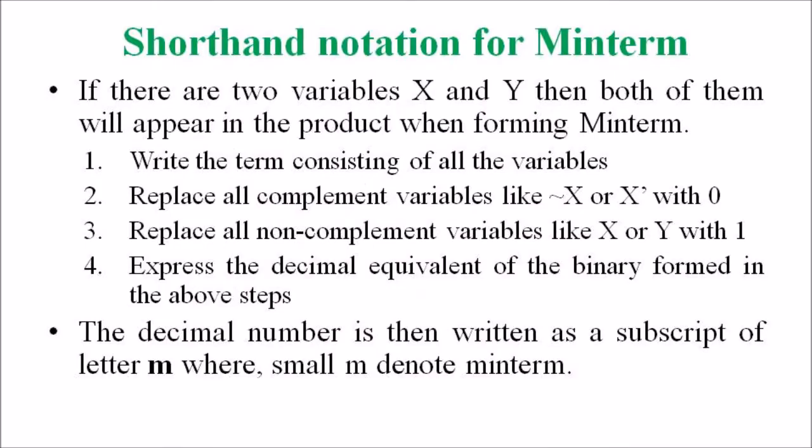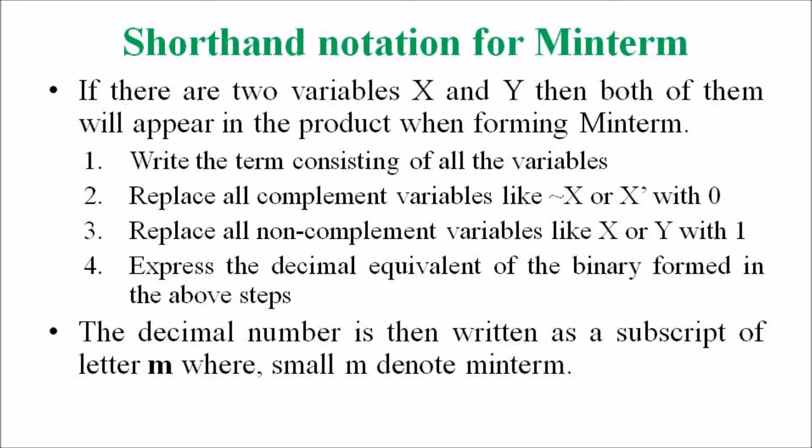Next we are going to discuss the shorthand notation of minterm. If there are two variables x and y, then both of them will appear in the product when forming a minterm. Following are the steps to get the shorthand notation of a minterm. First, write the term consisting of all variables. Secondly, replace all complement variables like x complement or x dash with 0, and thirdly, replace all non-complement variables like x or y with 1.